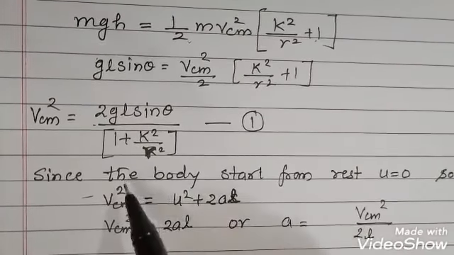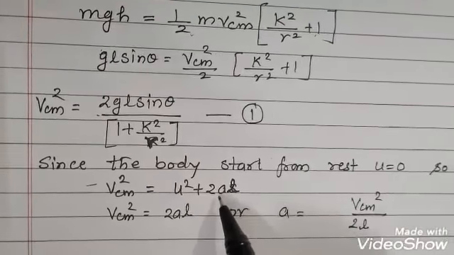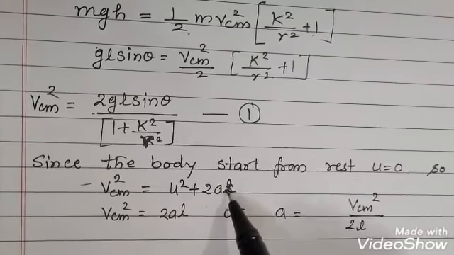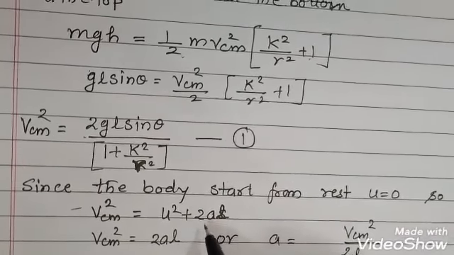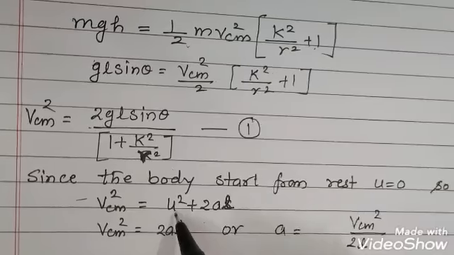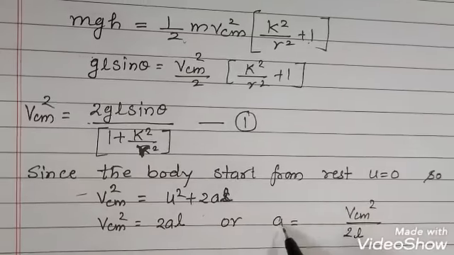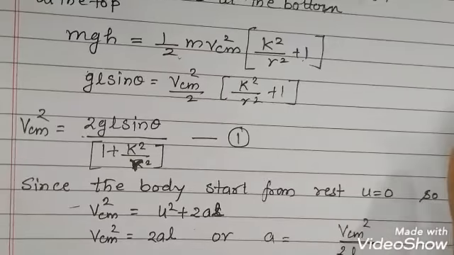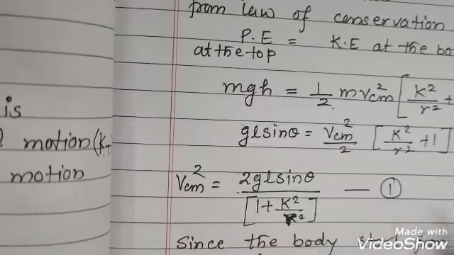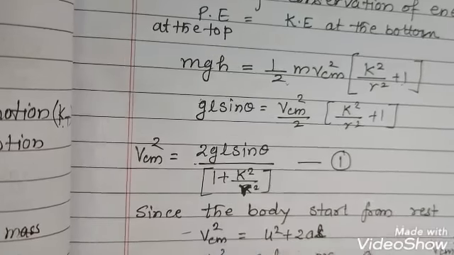Here the final velocity is vcm, the initial velocity is u, the acceleration is a, and the displacement is L. So vcm square equals u square plus 2aL. U is 0, so vcm square equals 2aL, or a equals vcm square upon 2L. This is equation 1; we just divide by 2L here, and we will get the acceleration.